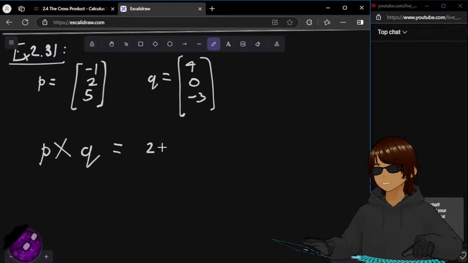So 2 times minus 3 minus 5 times 0. That's the first component.